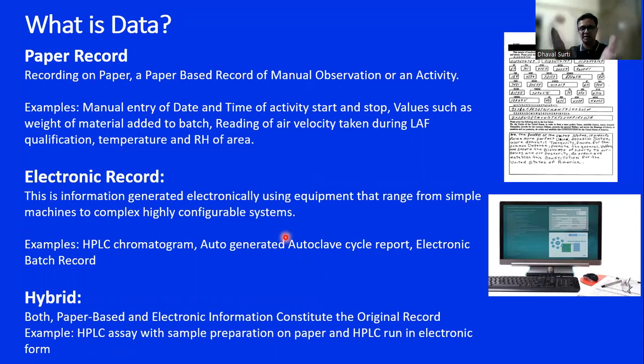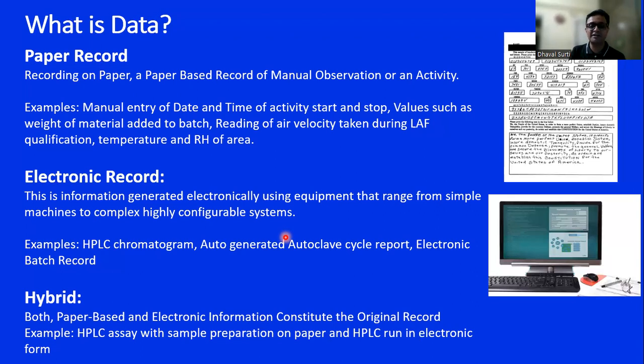So if you are starting a material addition, you will write manually into the batch record this time and this date, and once you stop the material addition you will write this time, I stopped the material addition: start time, stop time. Then values such as weight of material to be added to the batch, so I'll be writing I had added 1.35 kg of API into the batch, so it will be manual data.